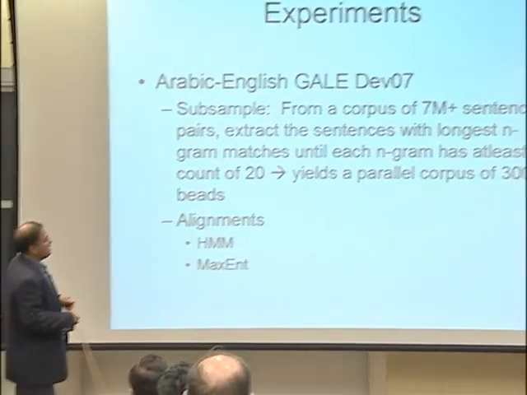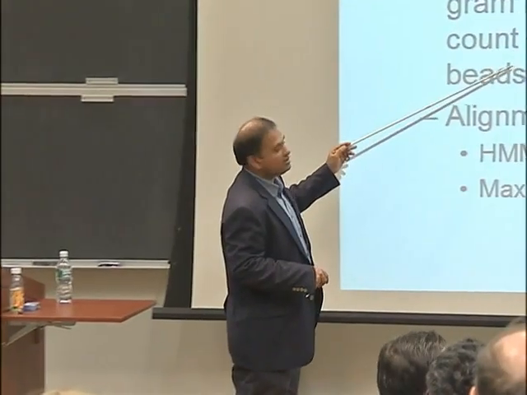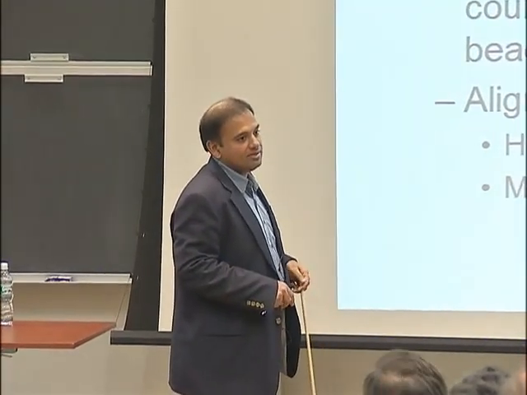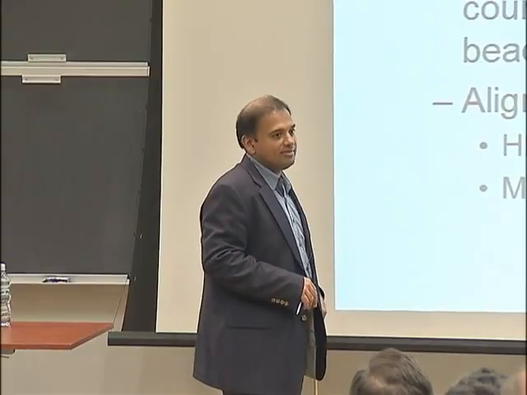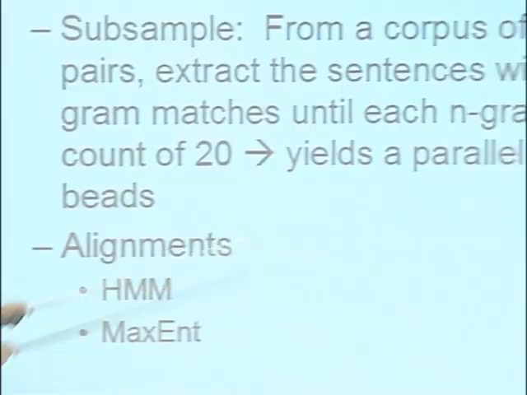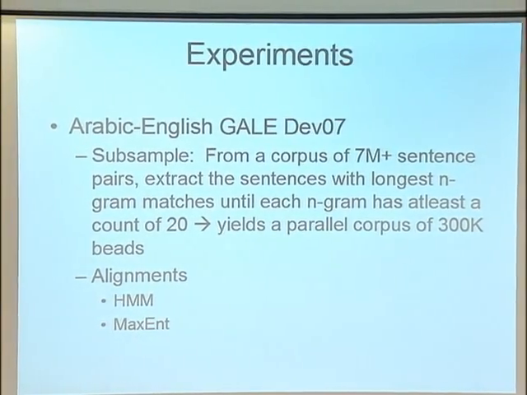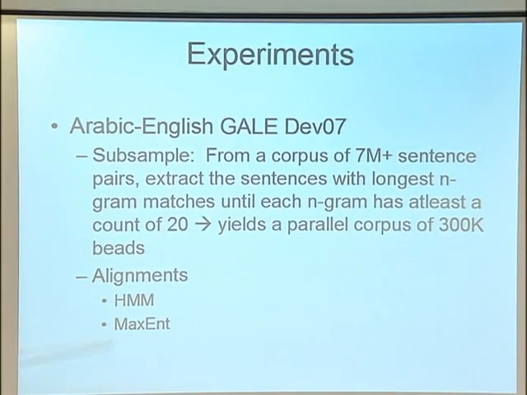For every n-gram in the test data, we'd like to have 20 examples of this n-gram, in 20 different sentences, if possible. This reduces it from 7 million sentence pairs to 300,000 sentence pairs. This seems to be important because we want to be able to compute this model and translate today, and that's the primary reason we do it. The other reason is it seems to be a kind of adaptation to the test set, and it seems to give performance like 1 to 2 BLEU points over a general system.